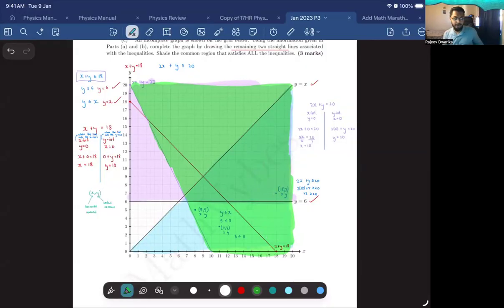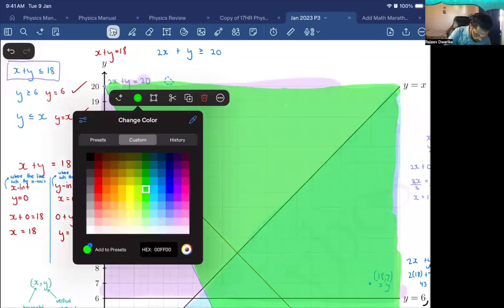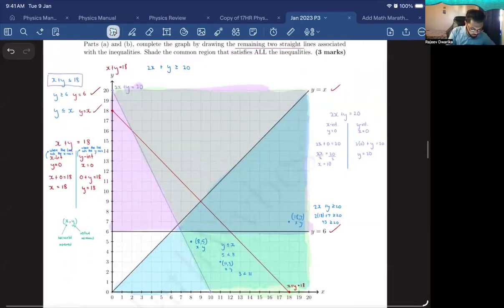So Akil, you understand everything I did so far? Yes, sir. All right, what is our last inequality now? We do x plus y is equal to 18.